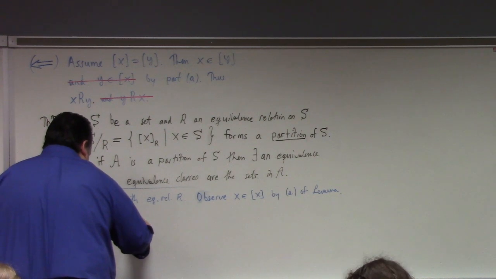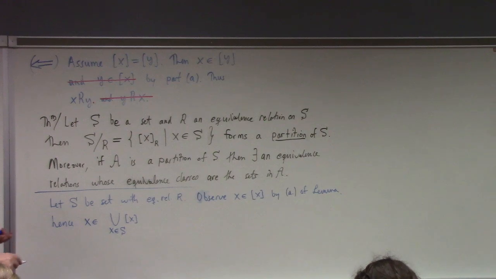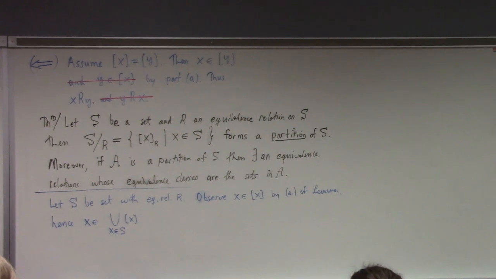This is a very silly union. See what I'm doing? I'm taking the union of all equivalence classes. I'm using x in two different ways here. Let me not do that.